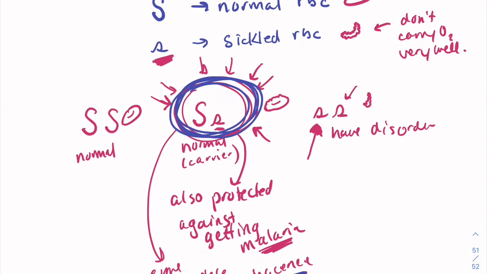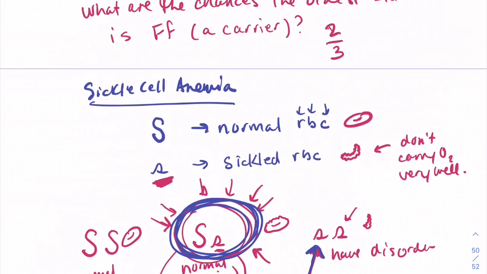But being heterozygous also protects against getting malaria, which is advantageous from an evolutionary standpoint to be able to survive malaria. So that's why that recessive allele tends to persist. It is still in existence.